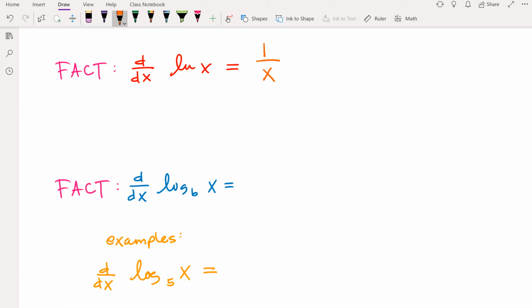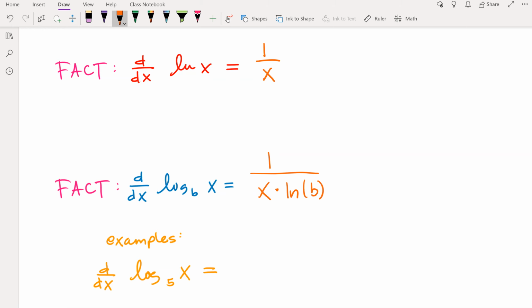And then the last one I have for you is the derivative with respect to x of log base b of x. This is similar to the natural log derivative. You're going to do 1 over x times natural log of your base, b. 1 over x times natural log of b.